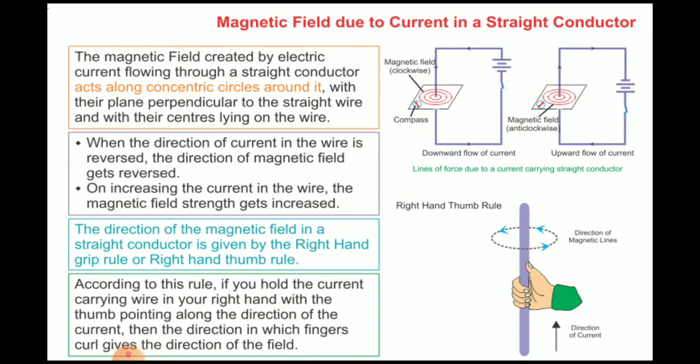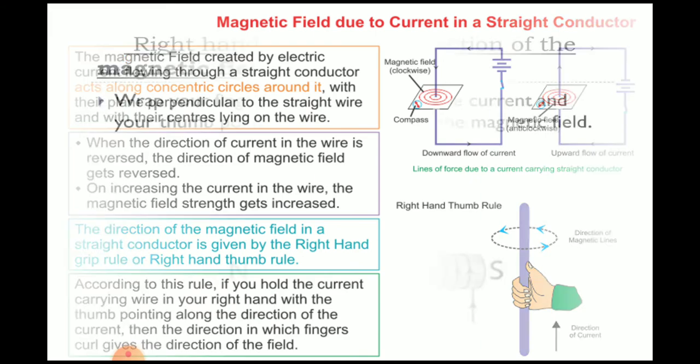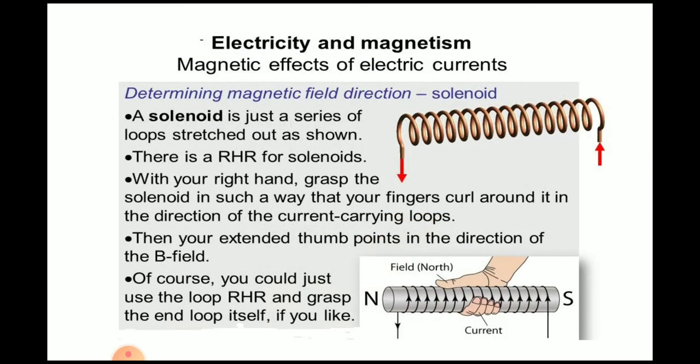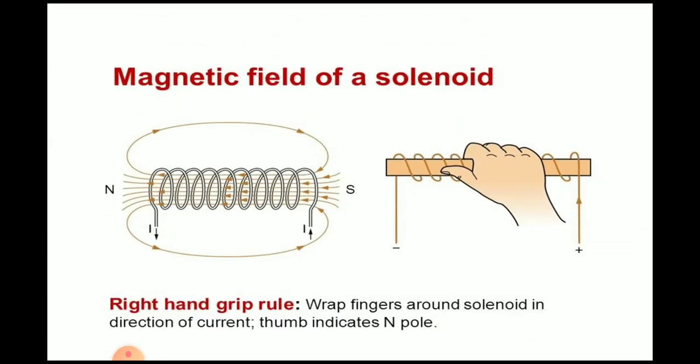Magnetic field due to a current carrying straight wire. You can keep the thumb pointing up, in the direction of current flow, and the curled fingers will give you the direction of the magnetic field lines. Solenoid.